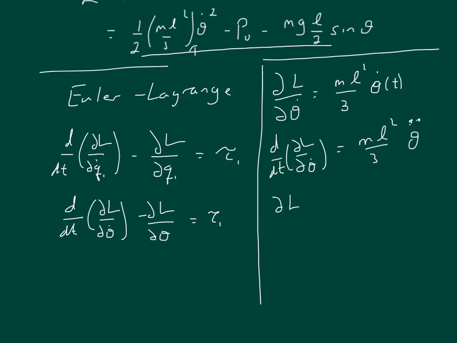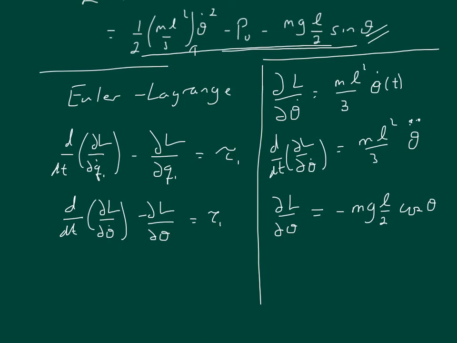Okay, partial of L with respect to theta. Now we again go back to this formula and only look at this last term, which is a function of theta. So the partial of L with respect to theta is going to be minus mg L over 2 cosine of theta.